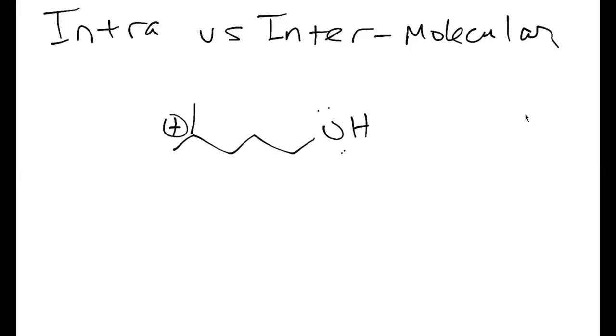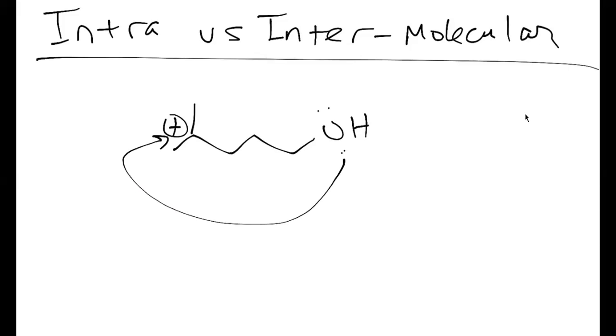So intramolecular, if you had a cation like this and oxygen attacked it and closed up and you made, 1, 2, 3, 4, 5, a 5-member ring like that.